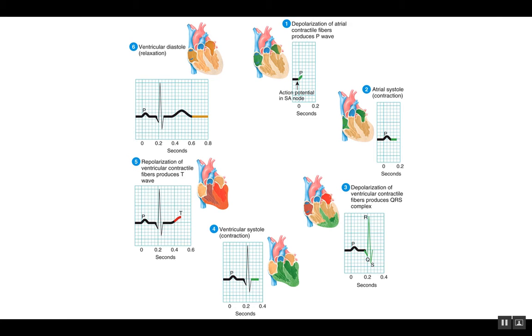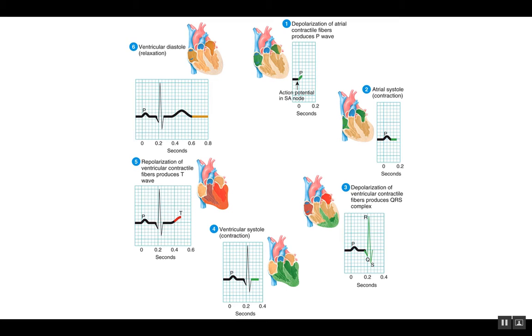So let's begin. Point number 1. First, notice the heart. All the chambers are in diastole. They're all relaxed. The atria are relaxed, the ventricles are relaxed. The arrow represents the moment in time the pacemaker sends out its action potentials, or depolarization.